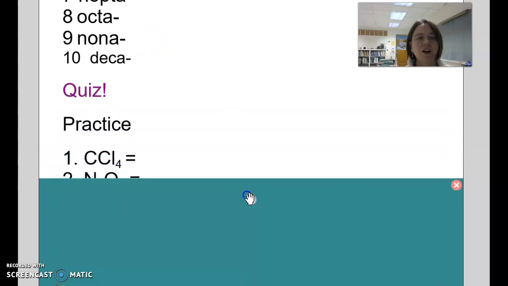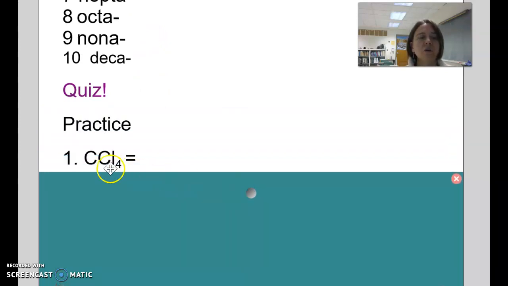Now we're going to do our practices. So we look here, we start with the first one, and the first one in the chemical formula is often the first one on the left, more left side of the periodic table. So you can double check that if you want to. But carbon, and there's only one, so we don't have to use a prefix. And there's 4 chlorines, so we use tetra.